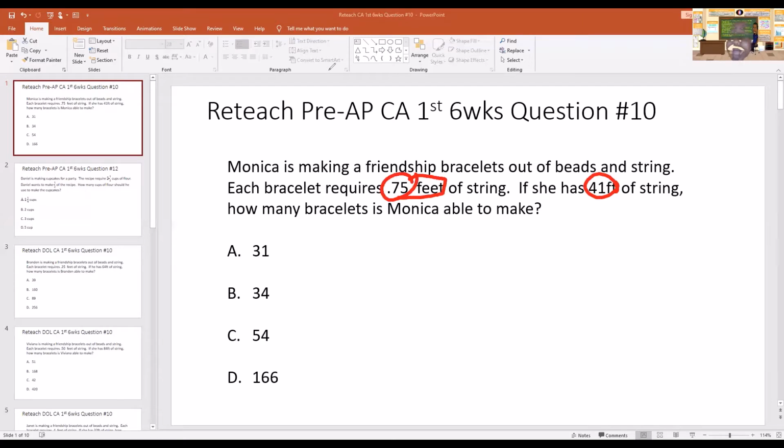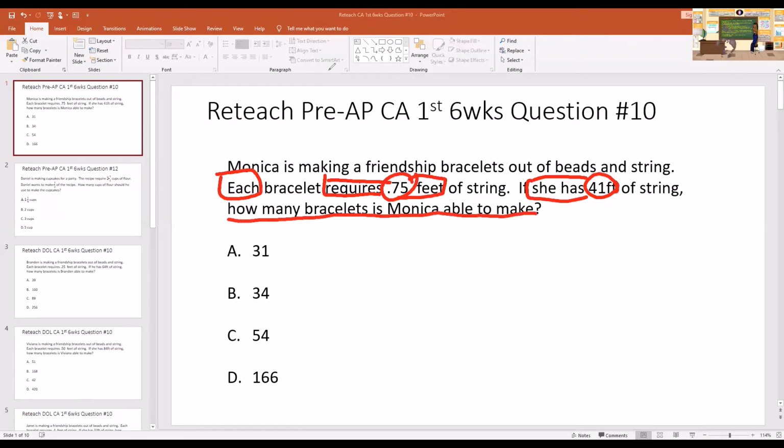Now, I will box in keywords such as "each requires" and "she has." This is the given information. So I know each bracelet requires 7/500th of a foot, and she already has 41 feet of string. How many bracelets is Monica able to make?